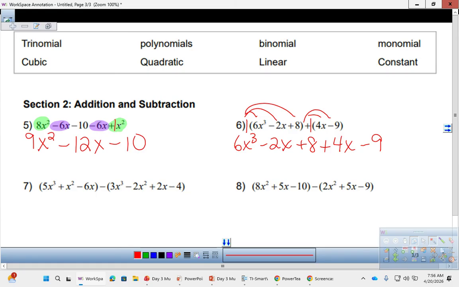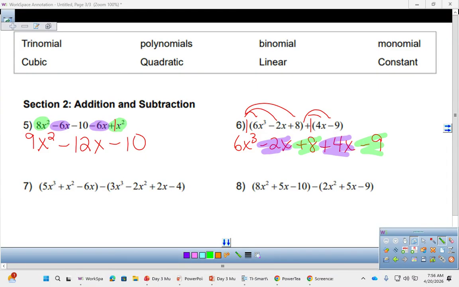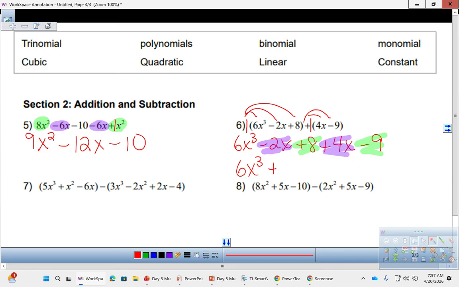From here, I'm going to combine like terms if there are any. And I see I've got this negative 2x and 4x. And 8 and negative 9. So I'm going to combine those. Keeping this in standard form, I'm going to start with the highest exponent and work my way down. So even though 6x to the third doesn't have a like term, I'm still going to write it first. All right? And then negative 2 plus 4 is positive 2.